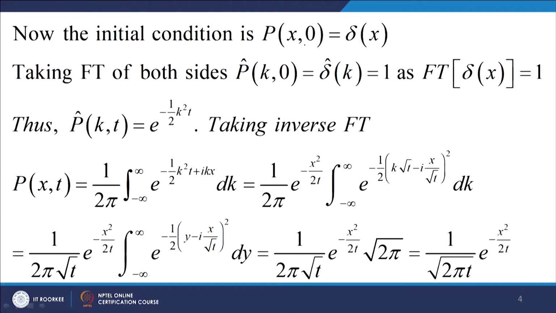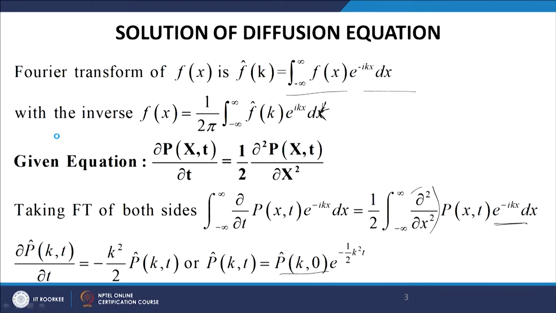The initial condition, as we had discussed earlier, is p of x, 0 is equal to delta of x. If you take the Fourier transform of both the sides, the Fourier transform of delta of x is delta hat of k, which is equal to 1. Therefore, the solution of this equation becomes p hat of k, t is equal to e to the power minus 1 by 2 k square t.